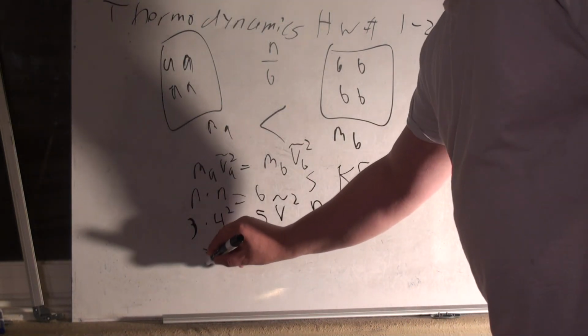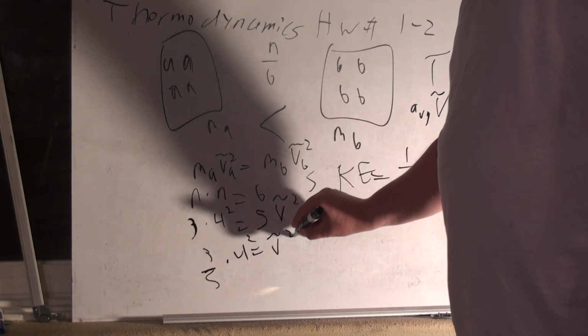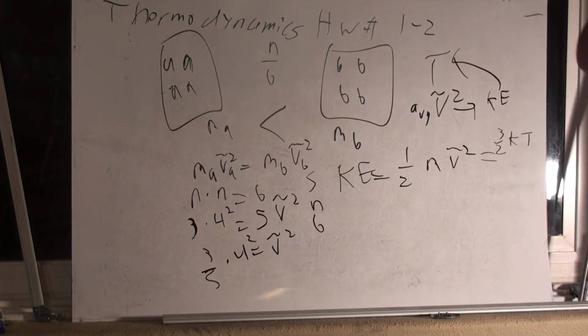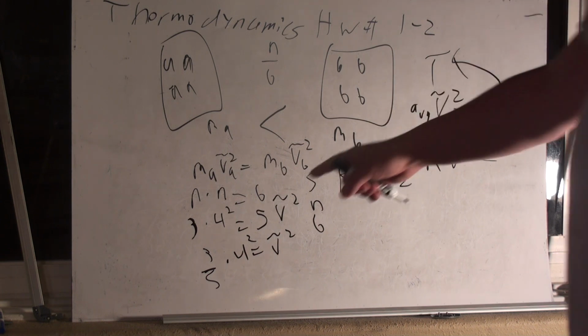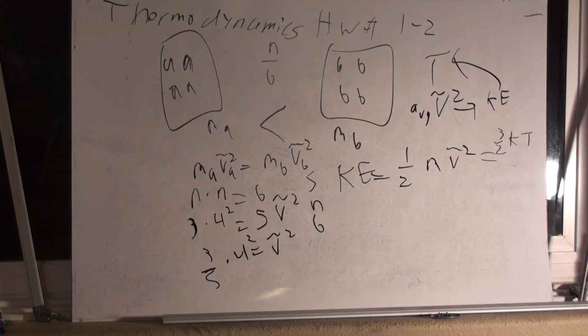If I move this over, I'm going to have 3/5 in this case, times 4 squared equals v squiggly squared B. Well, because it's smaller, I'm always going to have a fraction. I'm always going to have a percentage. I'm always going to have a smaller amount out of the big amount. Okay? So my velocity squared always has to be smaller for case B. And so, because the velocity is smaller, well, it's moving slower.